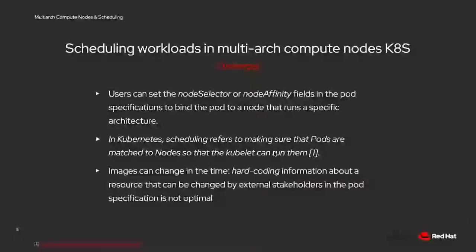And this is somewhat controversial from my perspective, because the scheduler can still place a pod onto a node of the wrong architecture unless the user has hard-coded this information, which is also a tight coupling issue typical of software engineering, because the resource that you are based on can come from an external registry. The provider of the image can update the image in order to support another architecture, and you still think you support only one.